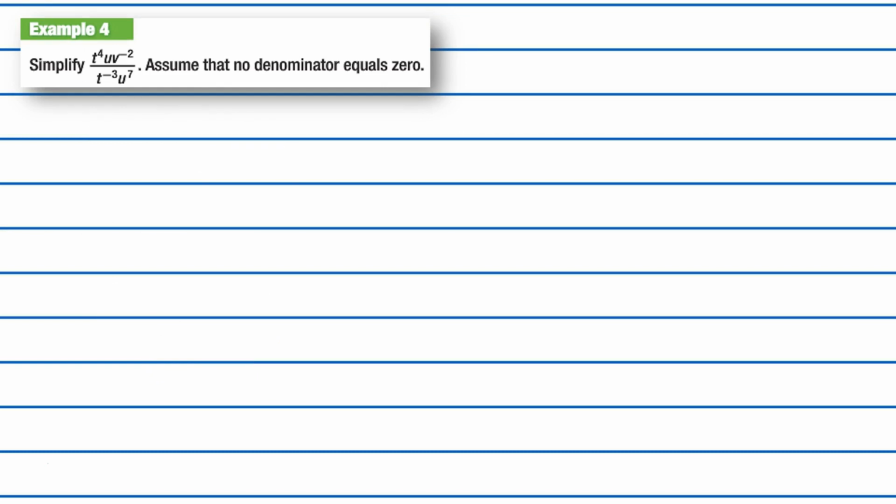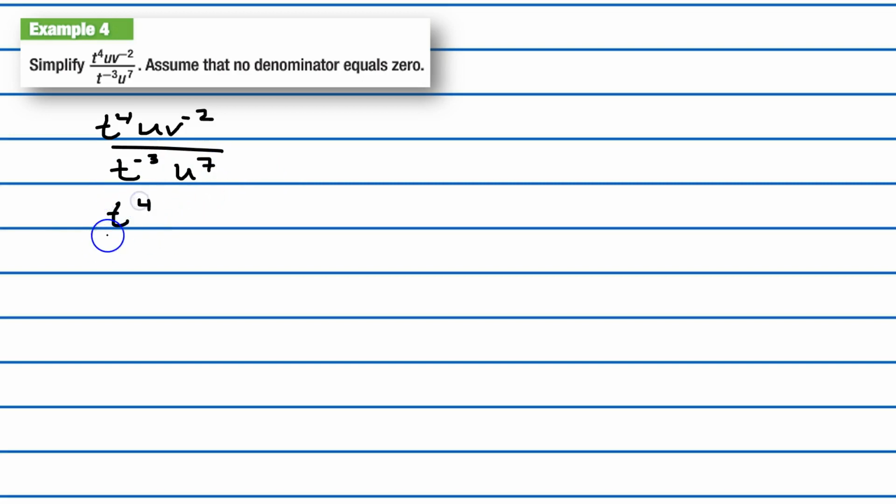Alright, so let's try this next example. Simplify t to the 4th u v to the negative 2 divided by t to the negative third u to the 7th. Let's get the t's together.